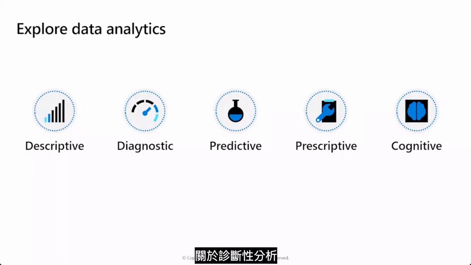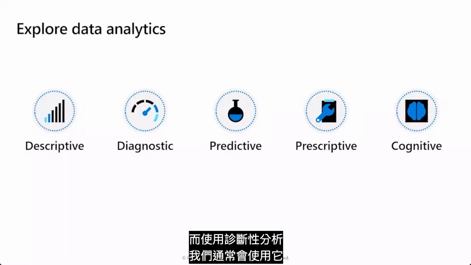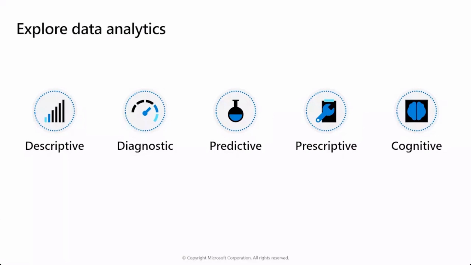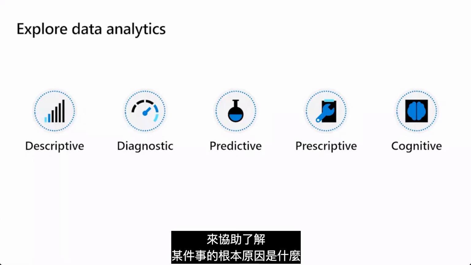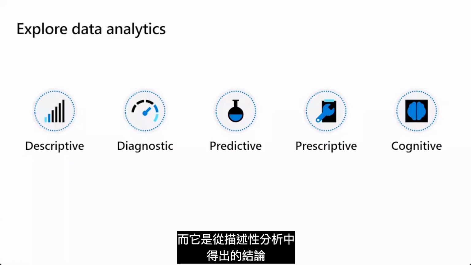Diagnostic analytics is really used to answer questions like, why is this happening to my business? With diagnostic analytics, we generally use it to help find out what the root cause of something is, why something had happened. It's really about taking the findings from descriptive analytics and diving a little deeper to find out the cause.